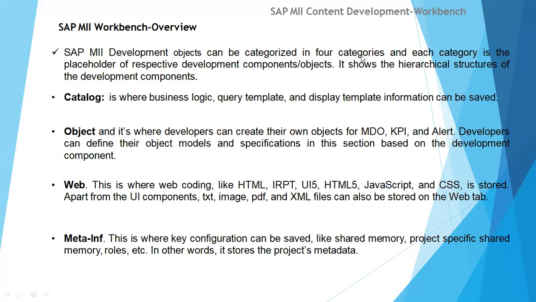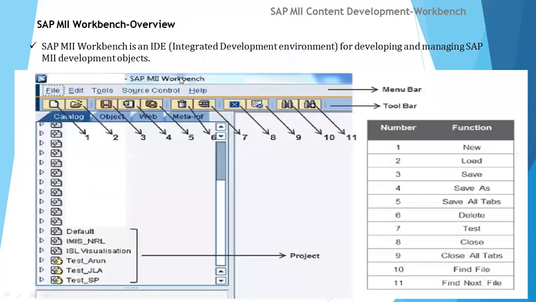Whatever object you are creating in SAP MII Workbench can be categorized into these 4 categories. And each category is the placeholder of the respective development components or objects, and it shows the hierarchical structure of the development component.